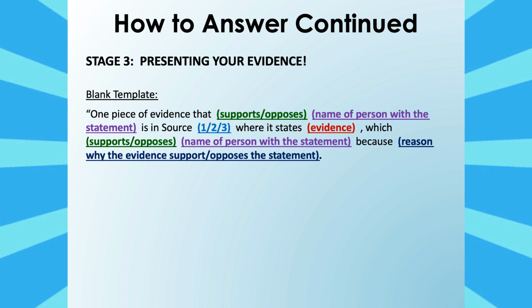So sometimes you might not need to do this last step as much, but it is important to make sure that you've said why it supports or opposes the statement. You need to make that clear in your answer. So, we've got our blank template there. Now we're going to look at a completed example using the 2019 specimen paper. Let's fill in the blanks and see what that looks like.